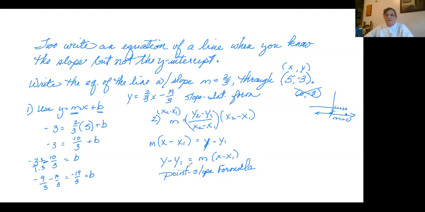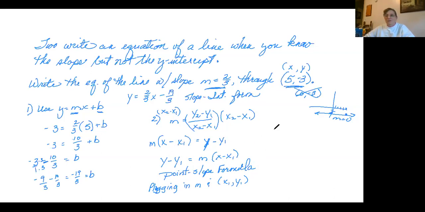You can use this to write an equation of a line by plugging in m and any one point for x1, y1. So we've got an m, we've got a point to use for x1, y1.